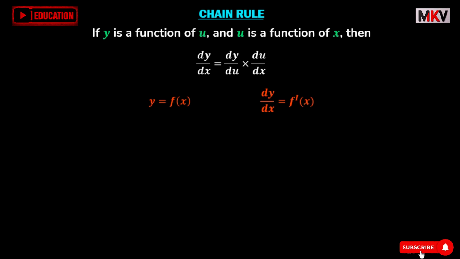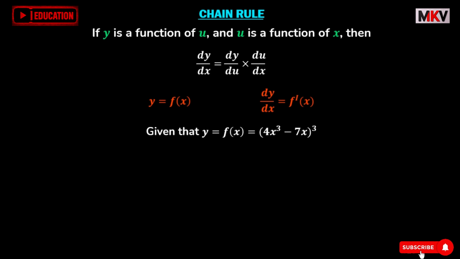So if you want to find the derivative of y, it's dy/dx, that's finding the derivative of y with respect to x. So f prime is the same as y prime, which is the same as dy/dx, the derivative of the function.